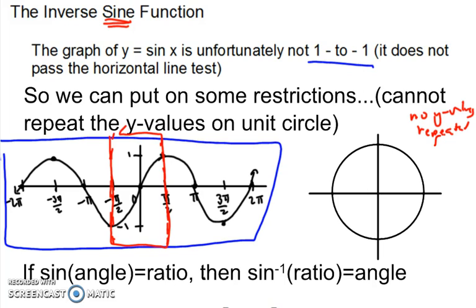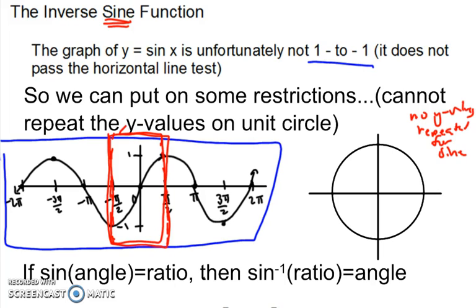Thinking about all the coordinates on the unit circle, where do those y values repeat? If I go from the first quadrant to the second quadrant, this y value and that y value are both at the same location, so it can't be in both quadrant 1 and quadrant 2 at the same time because those y values repeat. So looking back to here, we're restricting it from negative pi over 2 to positive pi over 2.